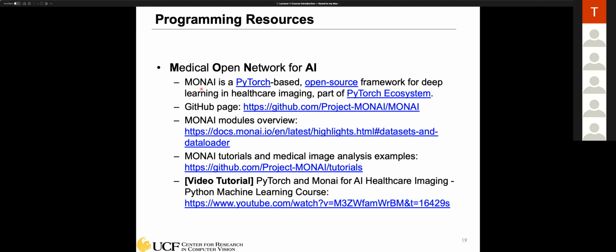And MONAI, the Medical Open Network for AI, is a very good resource I recommend to you because we're doing medical image processing. It's a PyTorch-based open source framework. They have a lot of modules built in, so you can load medical image data like CT and MRI with just a function call.